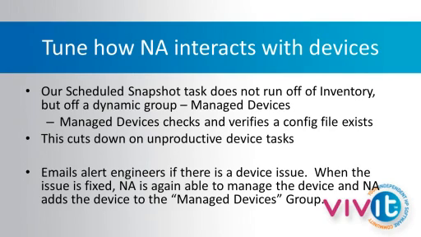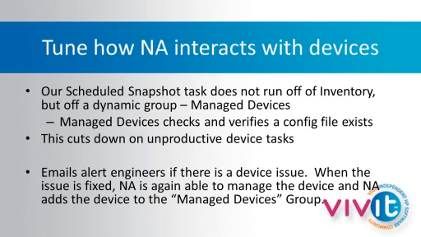We don't run scheduled snapshots on the inventory group. Instead, I created a dynamic group, and that group looks for basically a config to see if a config exists. If it does, that lets network automation know that this device was reachable and that network automation was able to log in at one point in time. So that device should work fine. If it's not in this managed device group, somebody's going to be notified of it.